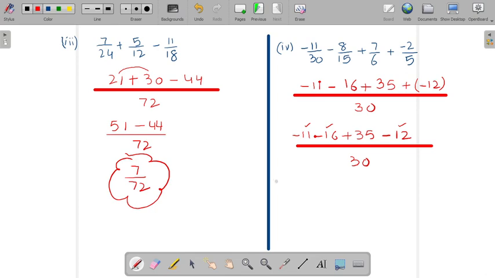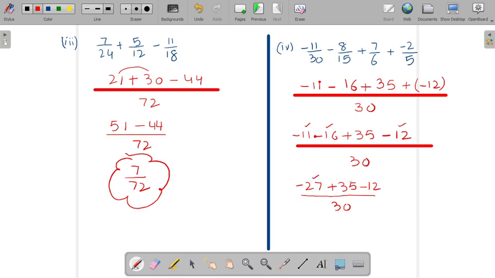So you will collect these terms together and then you will go further. So minus 11 and minus 16, so it would be minus 27. So minus 27 plus 35 minus 12 upon 30.